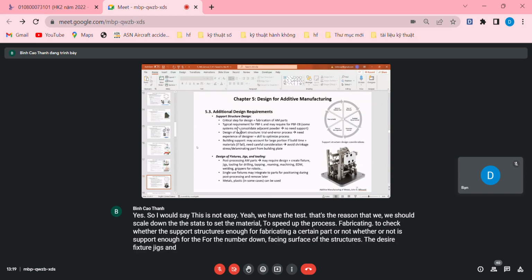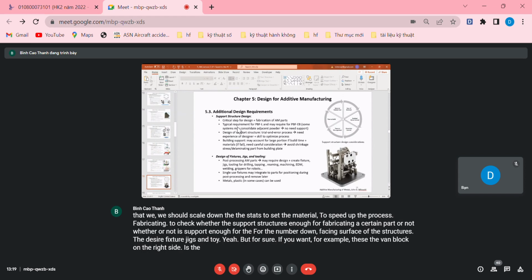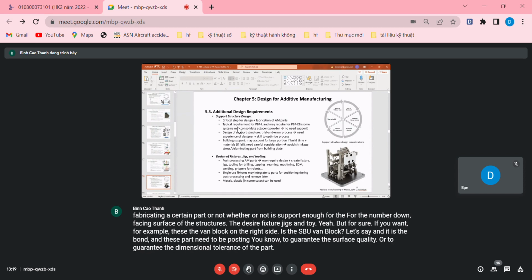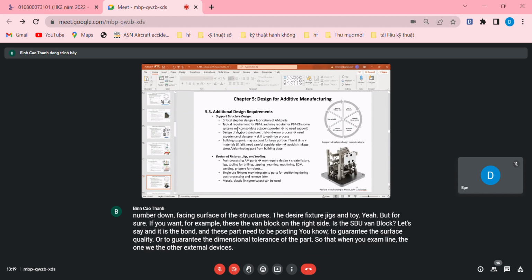Desired fixture, jigs, and tooling. For example, this is the valve block on the right side, the SLM-built valve block, and these parts need to be post-machined in order to guarantee the surface quality or the dimensional tolerance of the part, so that when you connect it with other external devices, no leakage occurs.